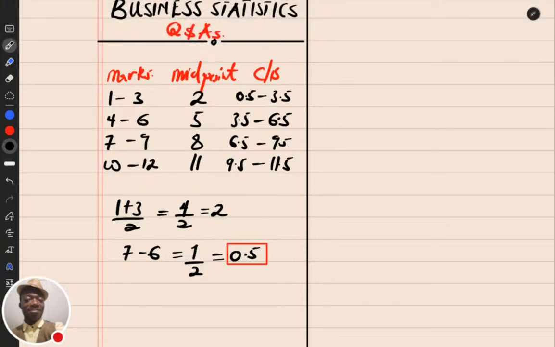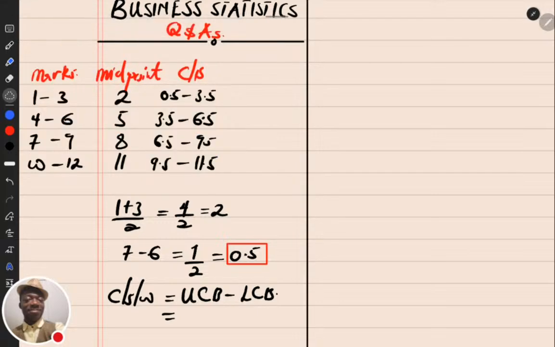So once you have the class boundary, the next thing we want to calculate is the class size, or the class width. The class size or width is equal to the difference between the upper class boundary and the lower class boundary of all the classes. So let me pull this up here for you.